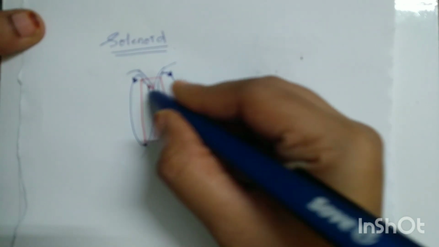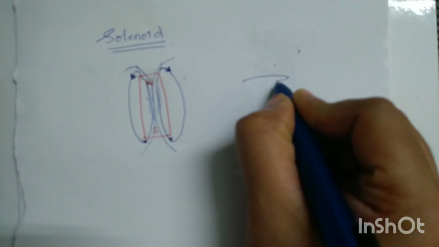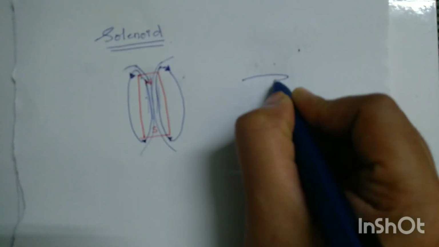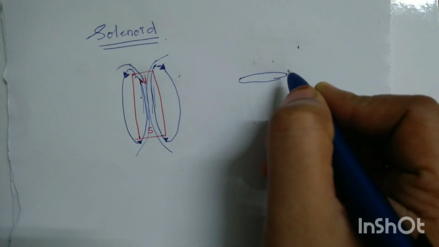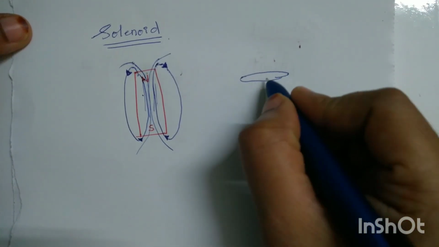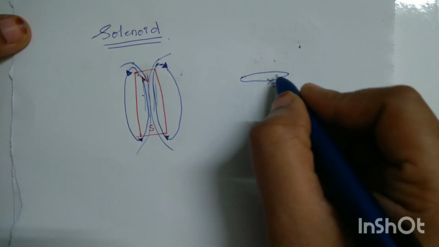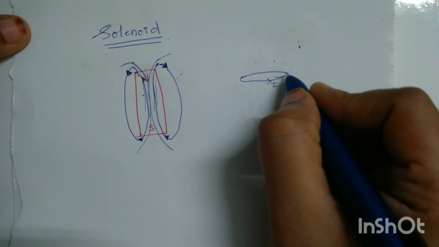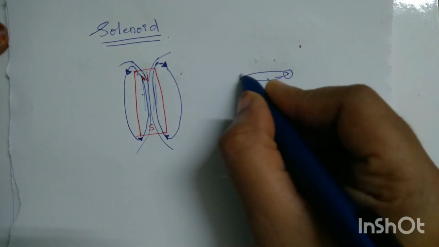In order to get such a type of bar magnet, we can take one conducting circular loop which is having current I. Since there is a current flowing through the conductor, it will produce a magnetic field around it.